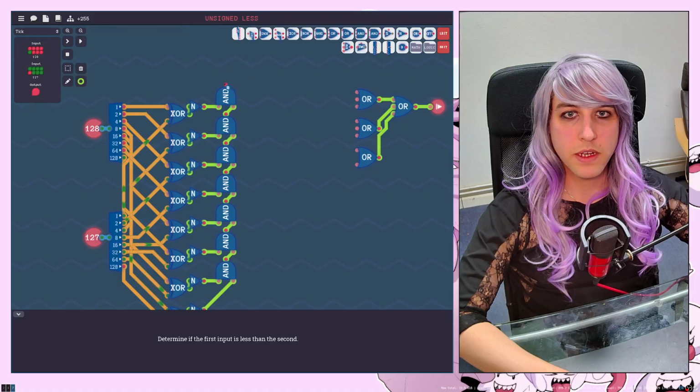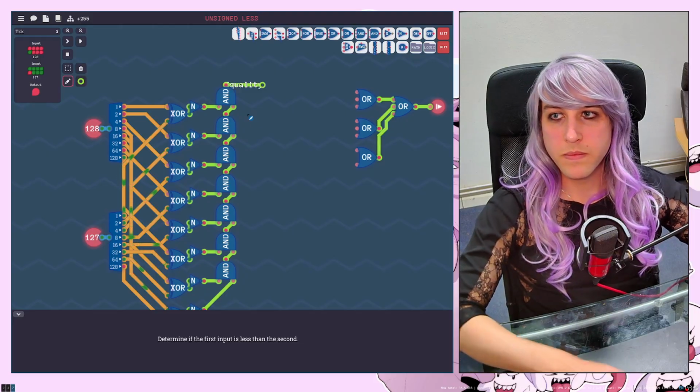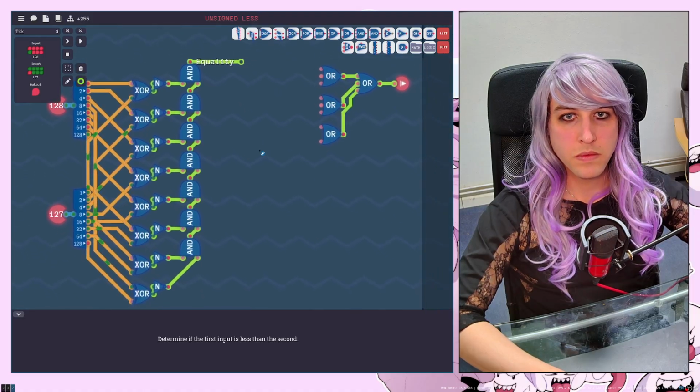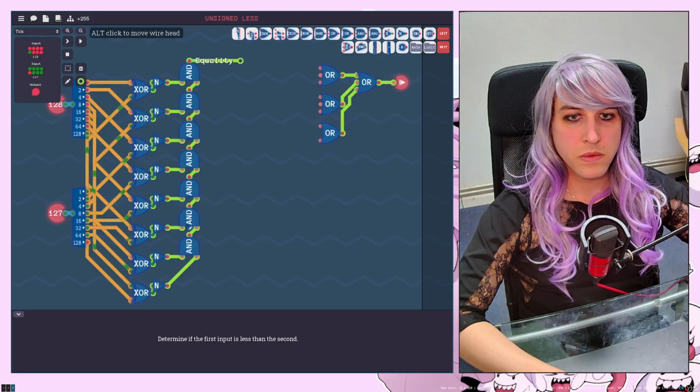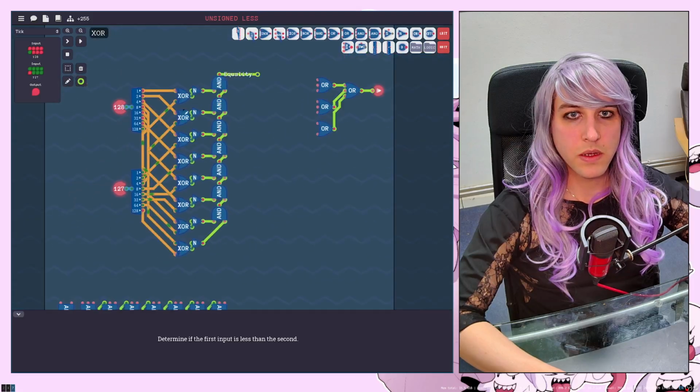Let us name this line equality. So this chain determines the first bit from the highest on upwards that differs.